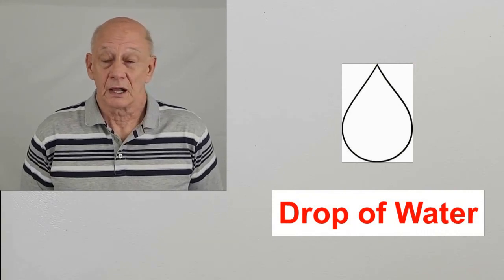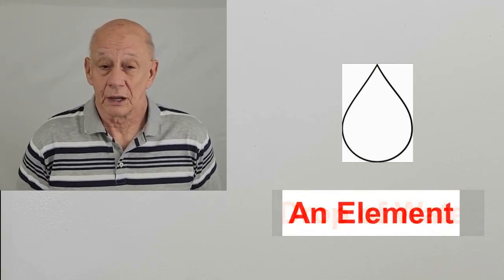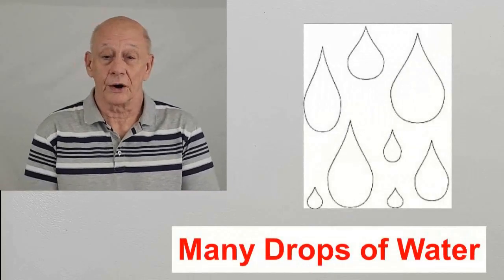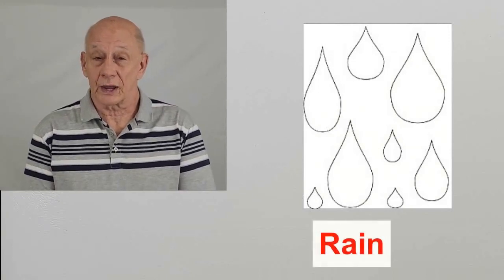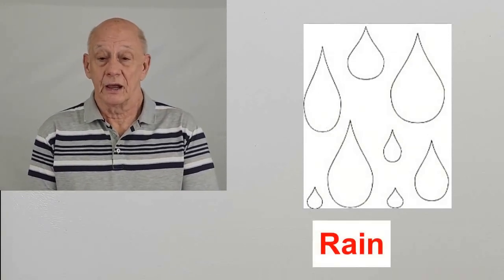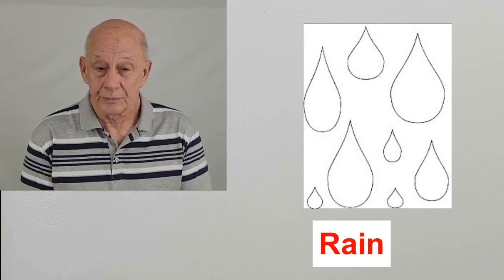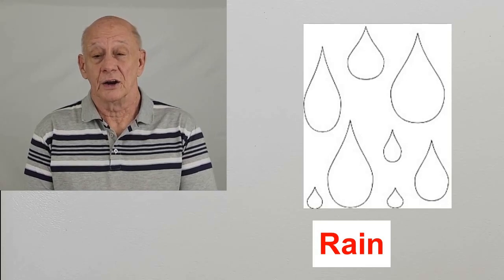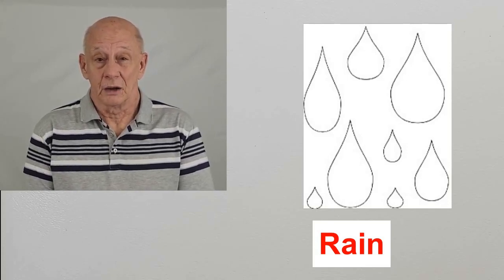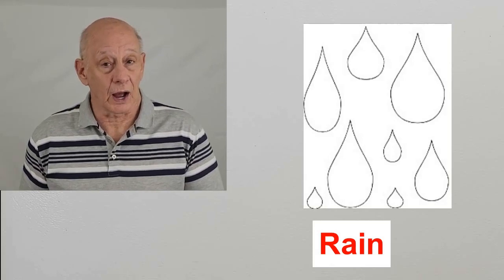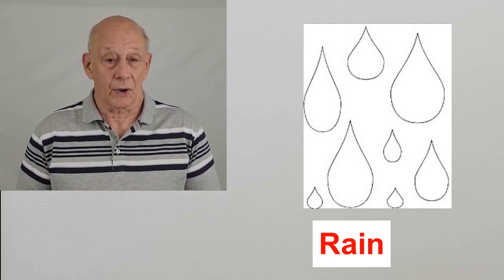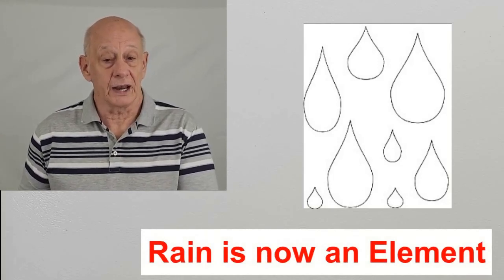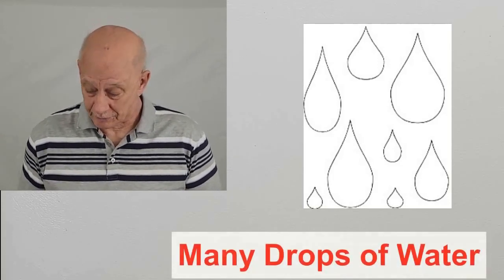For a minute, let's call a drop of water an element. When a drop of water, along with other drops of water, fall from the sky, we call that rain. We don't say, look at all the drops of water. We say it's raining. If we considered a drop of water as an element, which we know is made up of two elements, then we can say that rain is an element because it is made up of many elements, many drops of water.